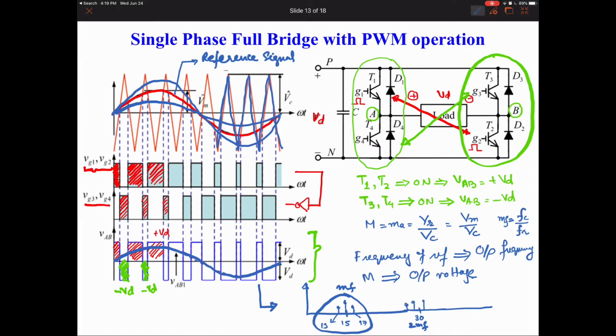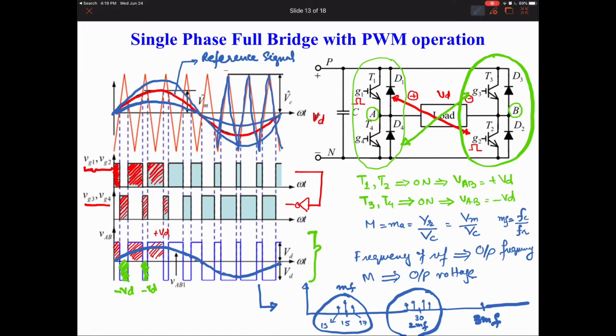The odd side band harmonics will appear. So the second cluster of harmonics will appear around 2MF, and similarly then around 3MF and so on. So that will be the spectrum of this sine PWM inverter circuit.